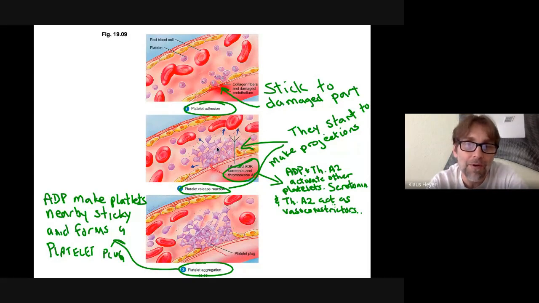So there's some chemicals. This is the part that I'd like you to know. There's some chemicals that are involved in this. The first two chemicals are called ADP, and I've circled it here, thromboxane A2. Those are two chemicals that make the other platelets nearby sticky. So these platelets are sticky, and they're grabbing onto other platelets.